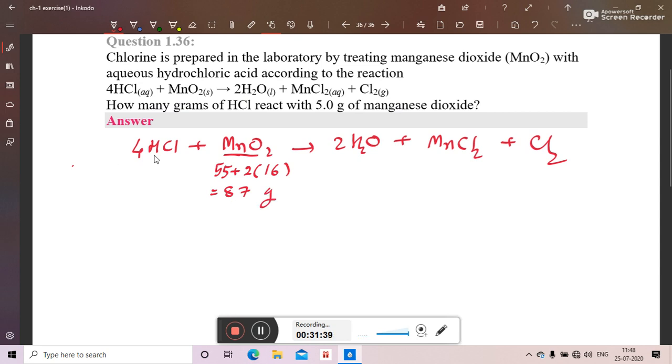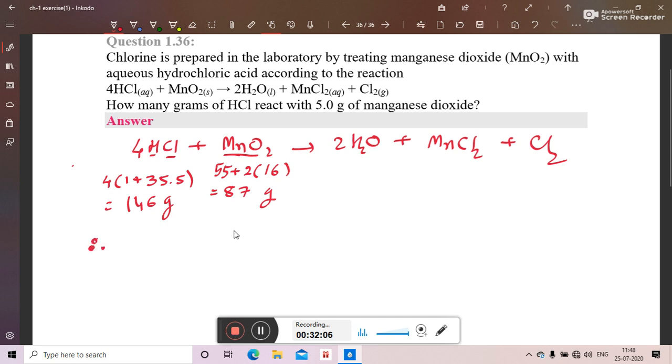Now for 4HCl it will be 4 times 1 plus 35.5 for chlorine. 35.5 plus 1 is 36.5. When you multiply 36.5 with 4, it will be 146 gram. So that means 87 gram MnO2 reacts with 146 gram HCl.